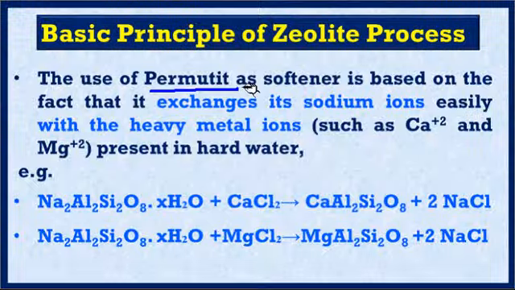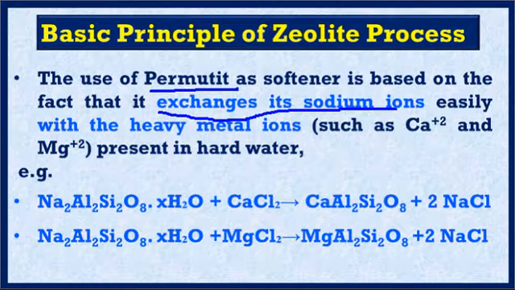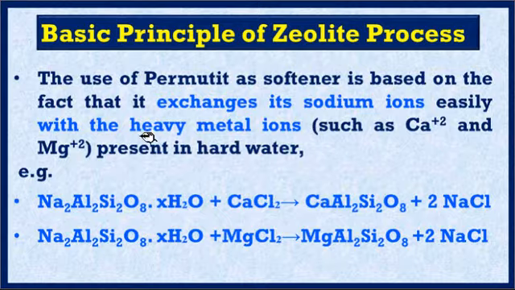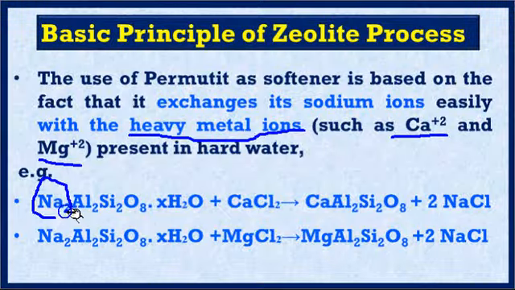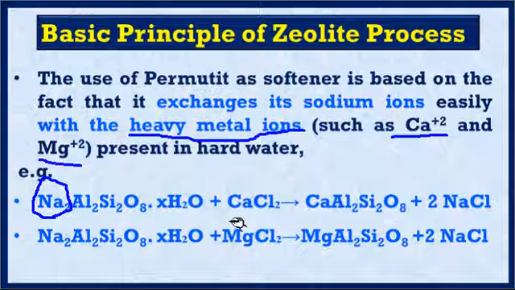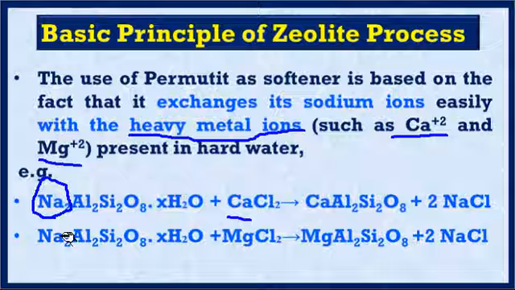The use of permutit as a softener is based on the fact that it exchanges its sodium ions very easily with other metal ions such as calcium and magnesium ions present in the water. Since it can easily replace its sodium ions with the calcium or magnesium ions present in hard water, it can be used for the water softening process easily.